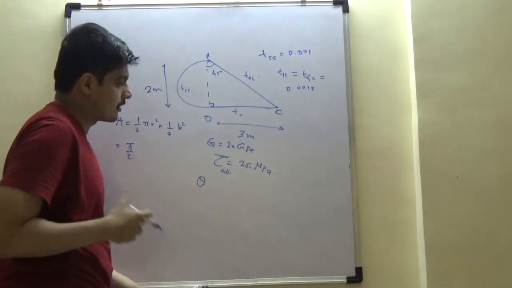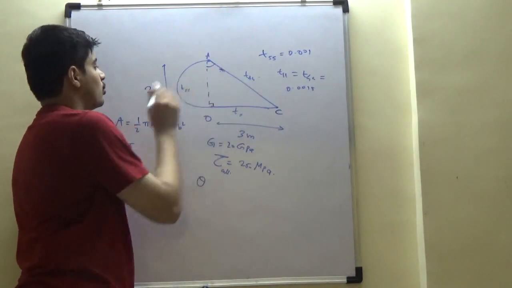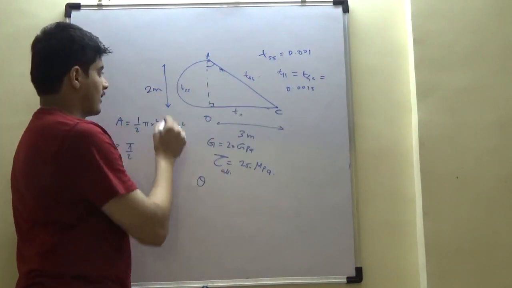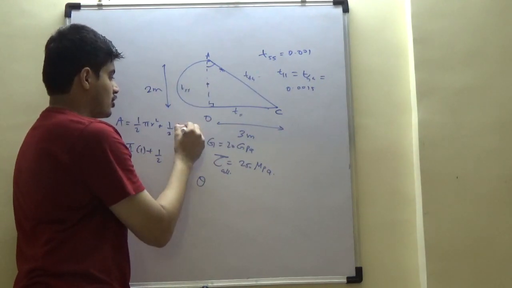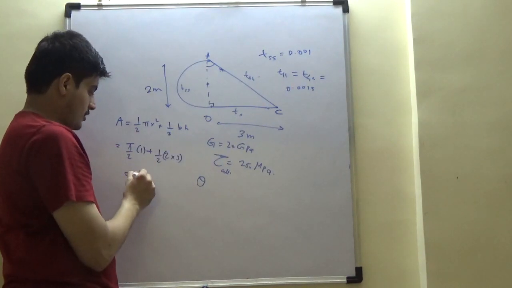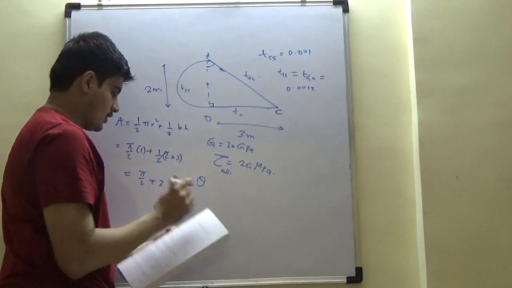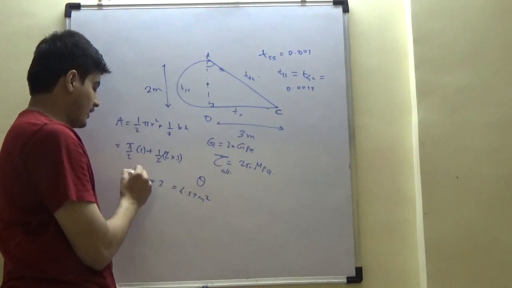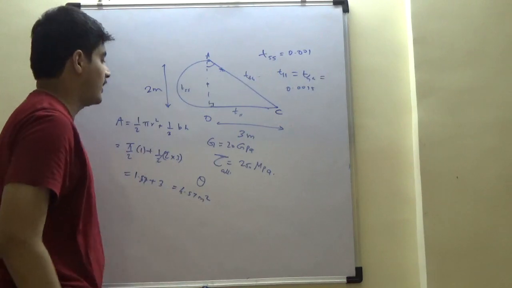I'm very sorry, my sincere apologies, this is not 45; the question actually corrects itself. So this is given as 2, a right angle but with different lengths. The radius is 1, plus half into the base into height, so 2 into 3. So it is pi by 2 plus 3, which is 4.57 meter square, because this can be taken as 1.57. So 4.57 is the area.